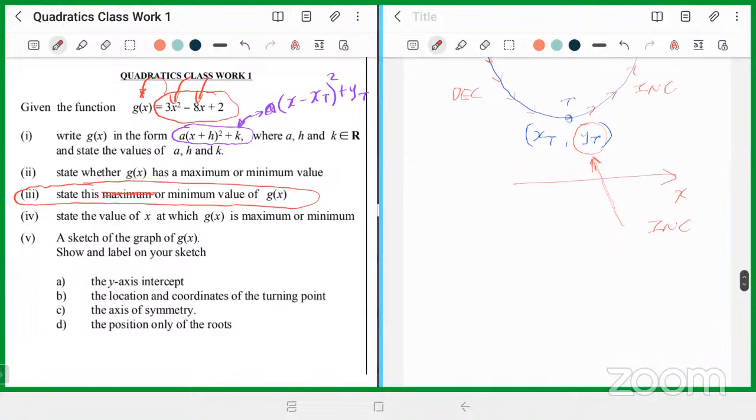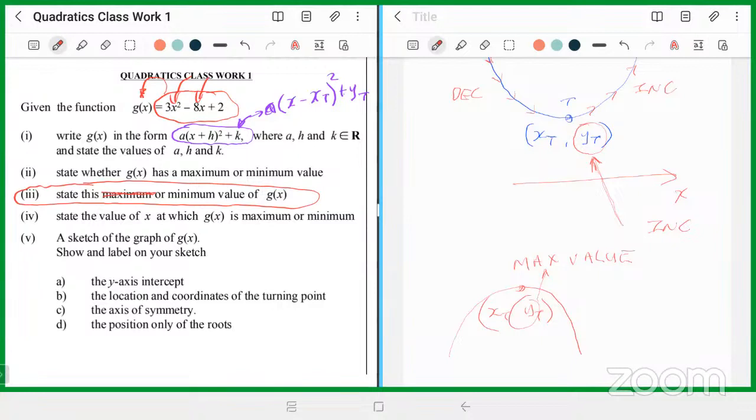If it was a graph with A negative, with a frown shape, then that would be a maximum point, and this would be your maximum value, the YT. Instead of being a minimum, it would now be a maximum. So the minimum or maximum value is referring to the Y value at that maximum or minimum point.